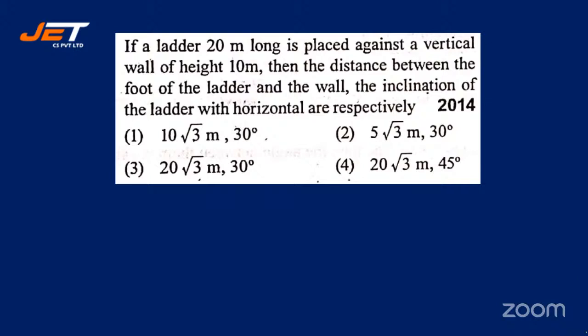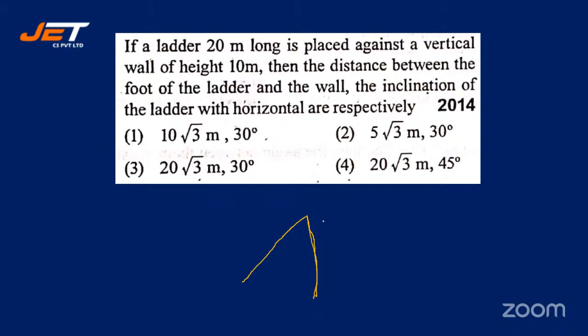Okay, so here you can see a ladder of 20 meters placed against a vertical wall. This is the wall. You are placing the ladder against the wall, so they cannot be together.